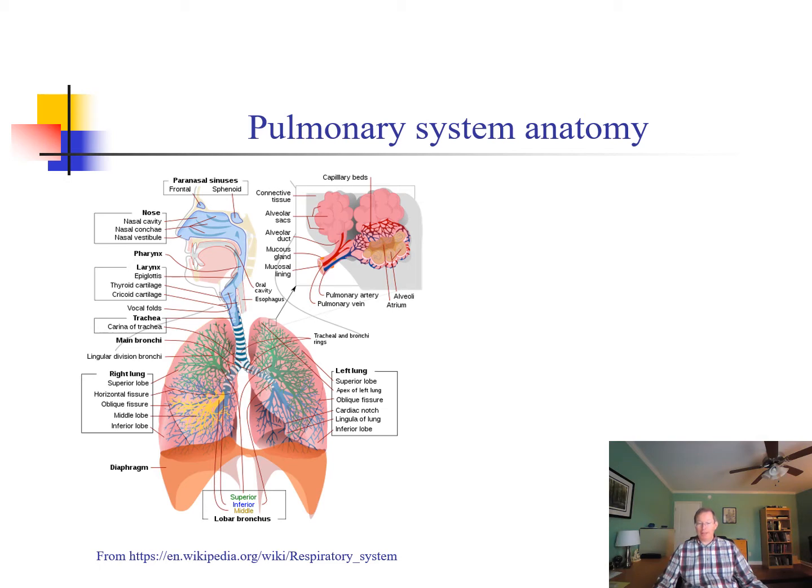So you basically are breathing air in through your nostrils. It'll go up this way, or you can breathe it in through your mouth. There's a common connection in the back. It will go down the front pipe, so to say, your trachea, which will then go down and bifurcate into the right side and the left side of your lungs. And then these large bronchi will continue to split and split and split, and eventually will terminate in groups of alveoli.